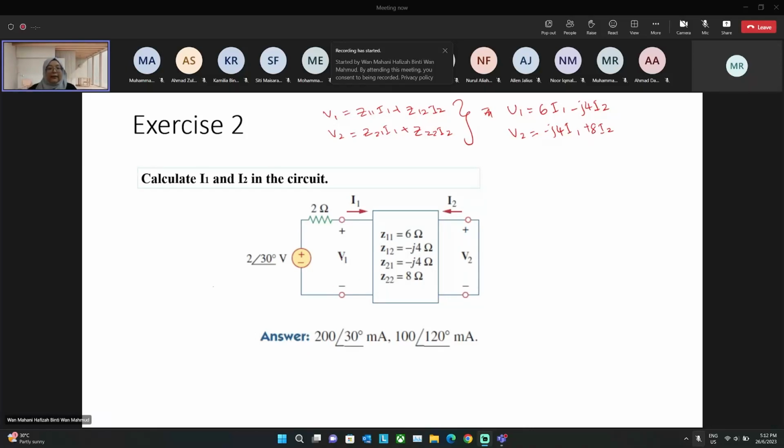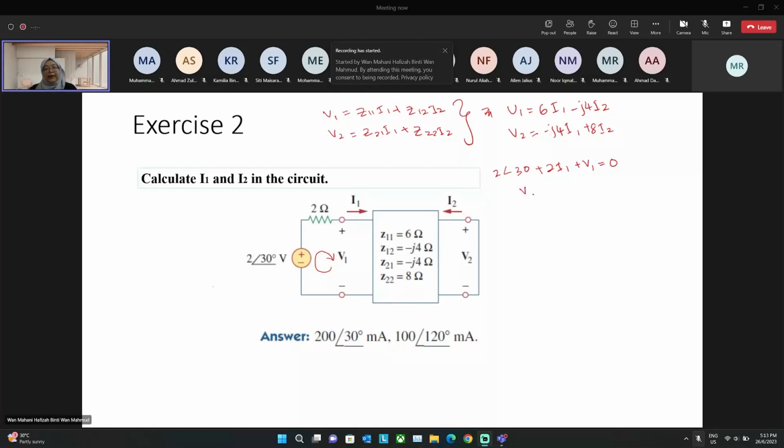Okay, so macam mana nak terbitkan equations untuk V1? You can use KVL. Okay, Kirchhoff voltage law. So di situ kita boleh terbitkan yang mana dia 2 angle 30 plus 2I1 plus V1 kan, sama dengan kosong. Okay, total voltage around one closed loop is equals to 0.